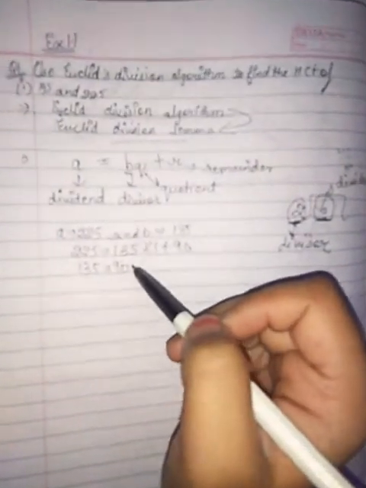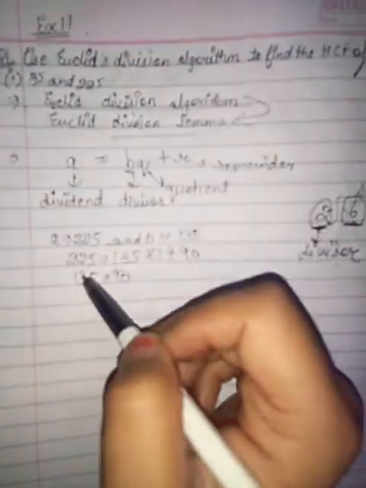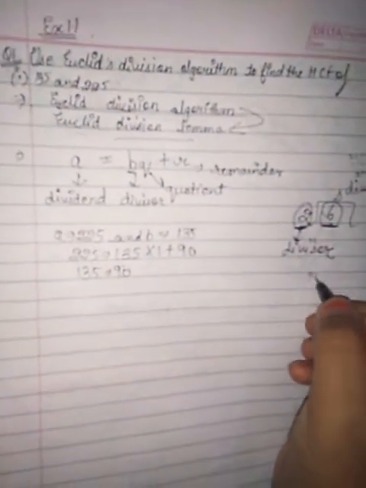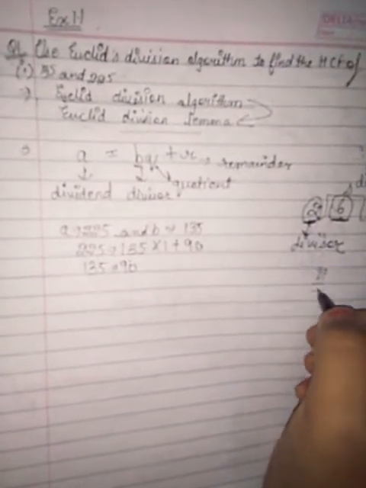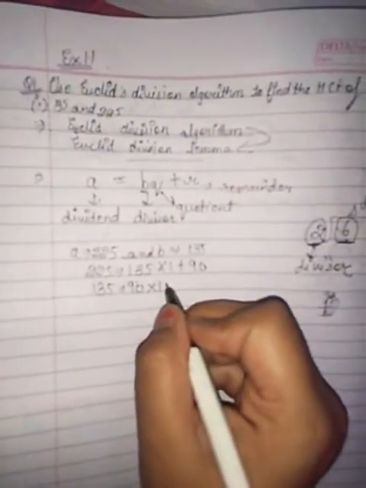So if I divide 135 by 90, it comes 135 equals 90 into 1 plus 135 minus 90. So guys, 135 minus 90.